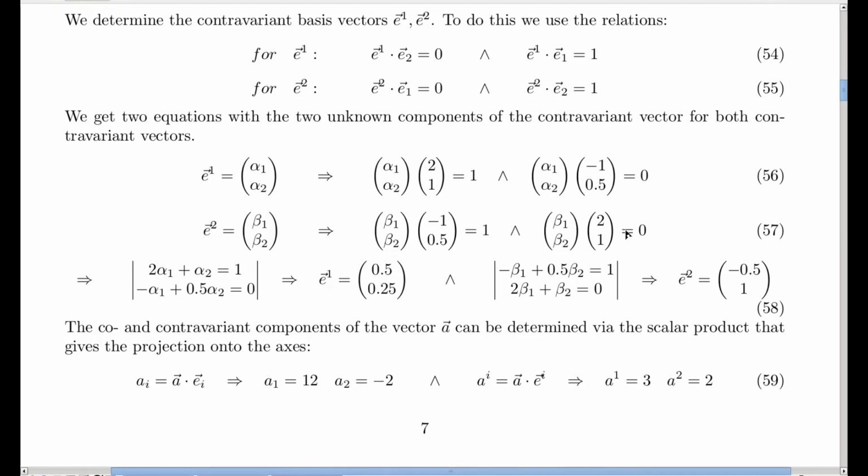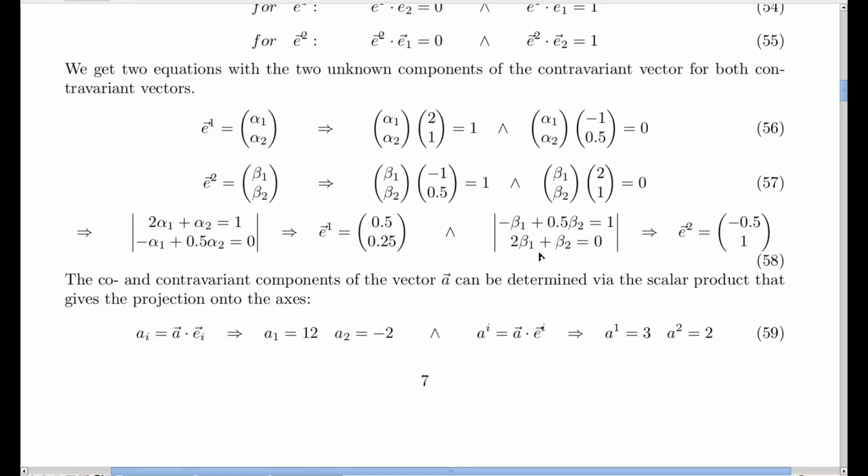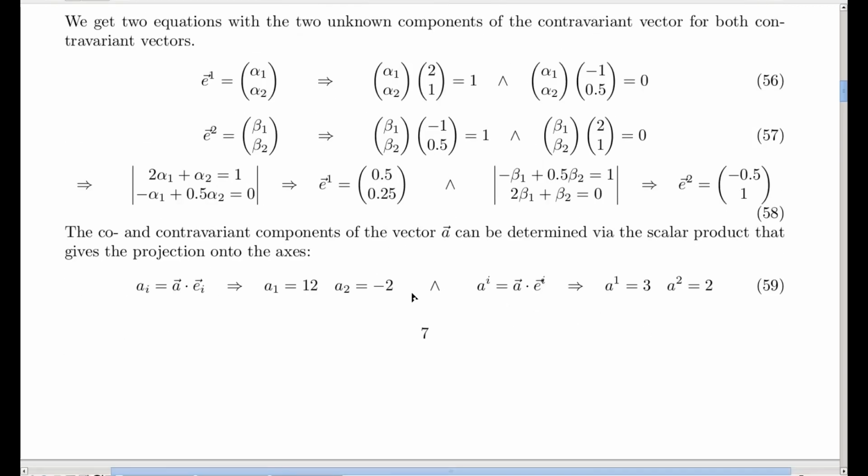Now we can determine the components of the vector A by calculating the scalar products. A_i covariant is the scalar product of the A vector and the E_i basis vector. The vectors are known, we have them written above.